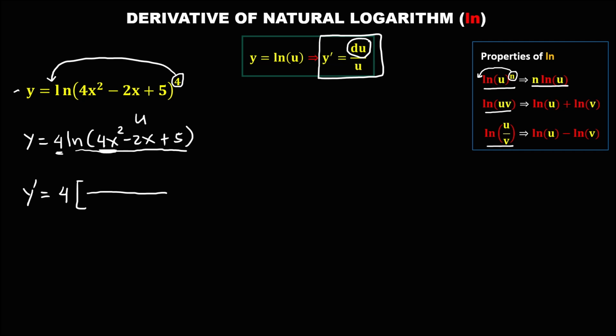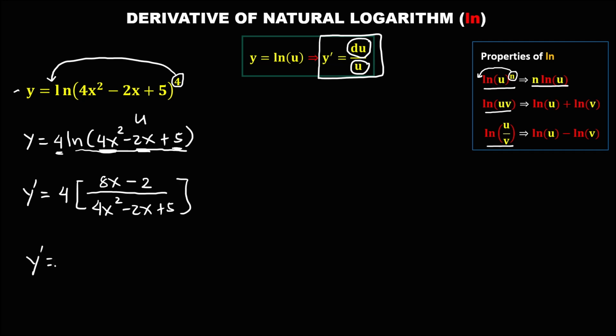So the derivative of 4x squared is 8x, then minus the derivative of 2x, which is 2, and the derivative of a constant is 5, then over u, and u is 4x squared minus 2x plus 5.